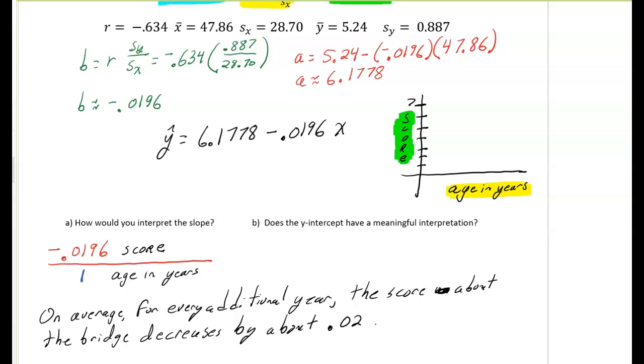So on average, for every additional year, the score about the bridges decreases by about 0.02.